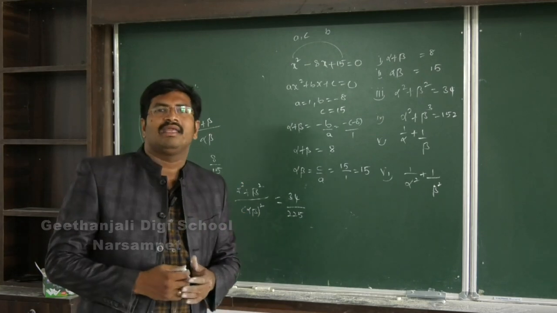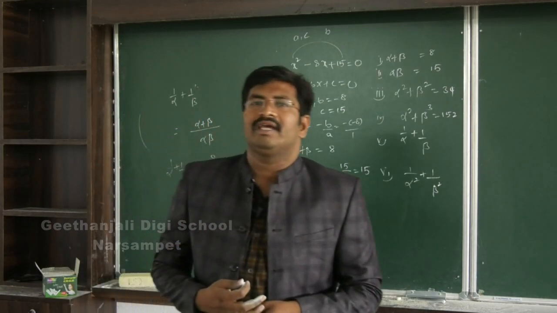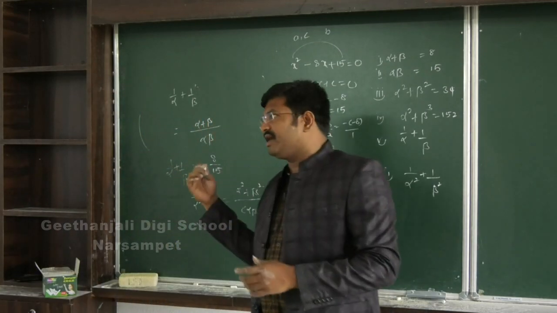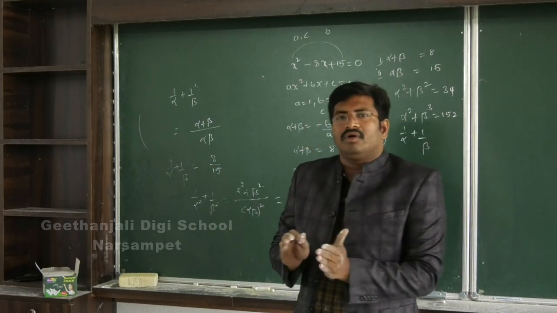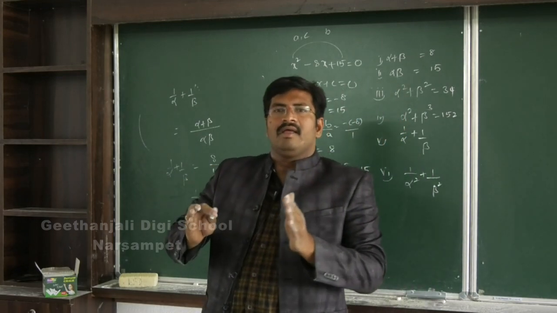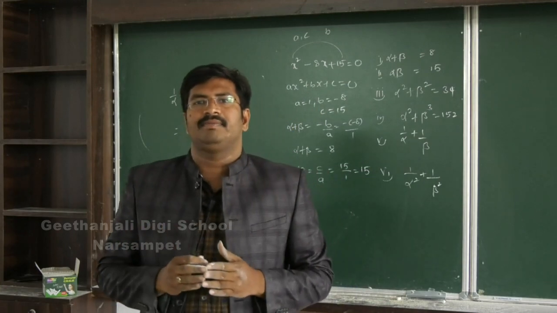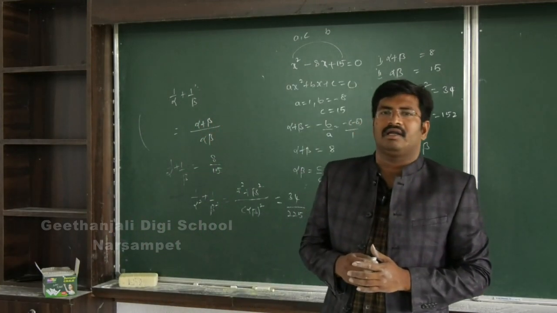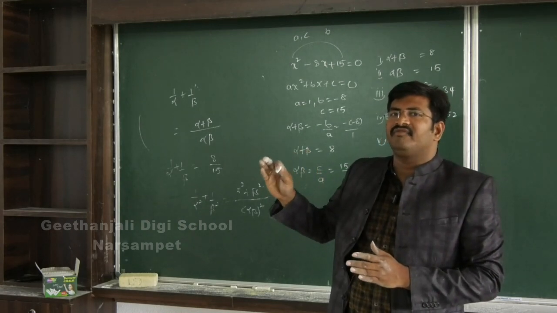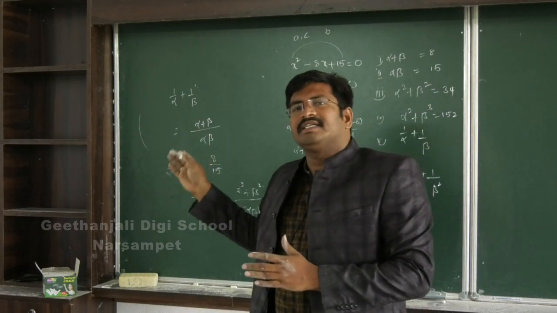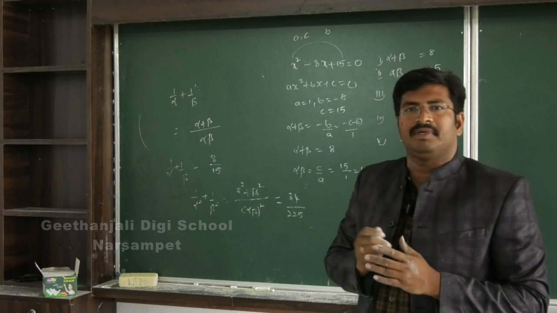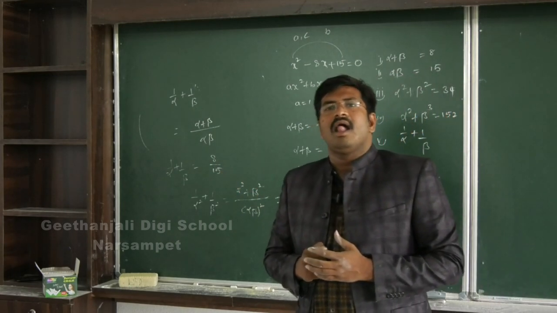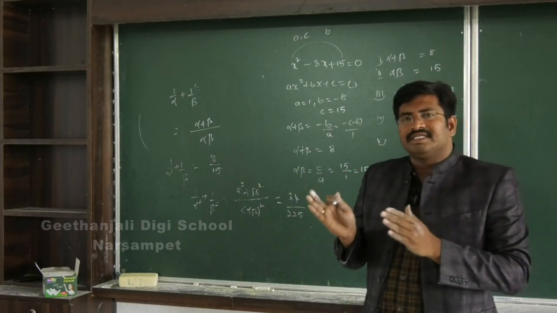This is the relation between the roots and coefficients of the quadratic equation. In total, what we discussed today: if ax square plus bx plus c is equal to 0 is a quadratic equation and alpha, beta are the roots, then the sum of the roots alpha plus beta is equal to minus b by a, and alpha beta is equal to c by a.